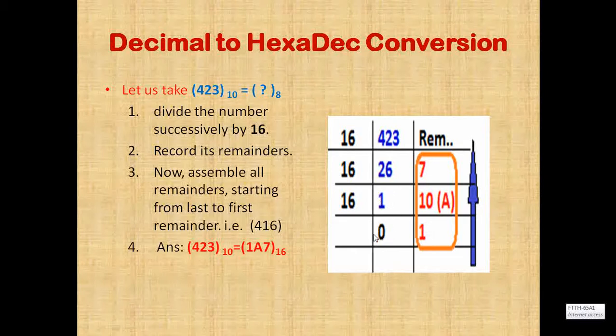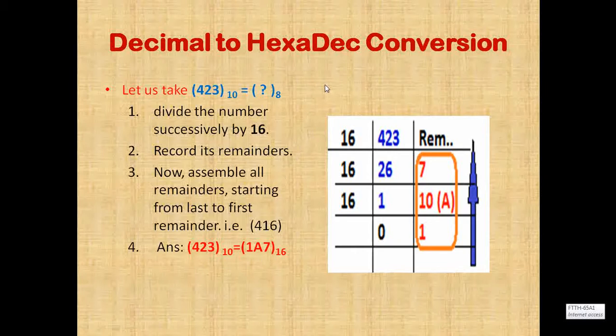Since the quotient has now become 0, we'll stop the process here, and we'll note down the remainders from last to first. So we have the remainders as 1, A and 7. So the equivalent hexadecimal number of decimal 423 is 1A7.